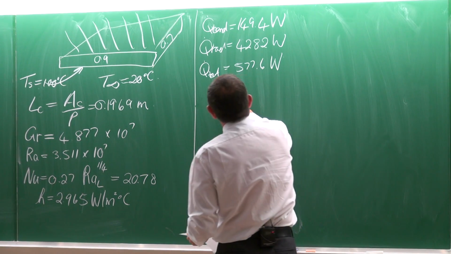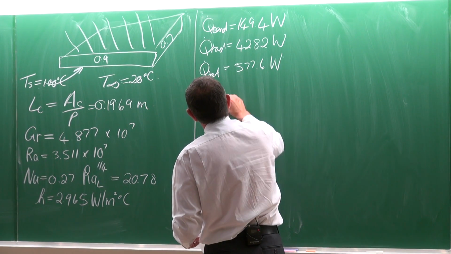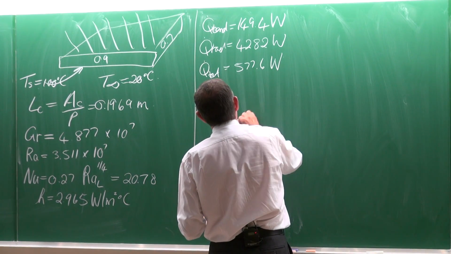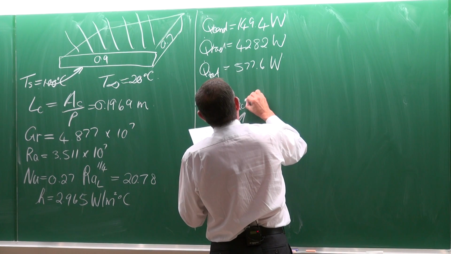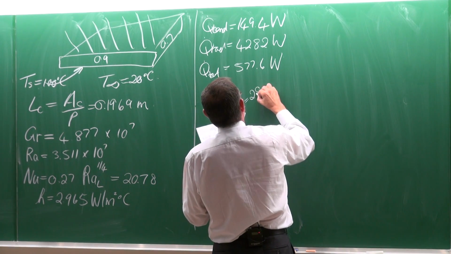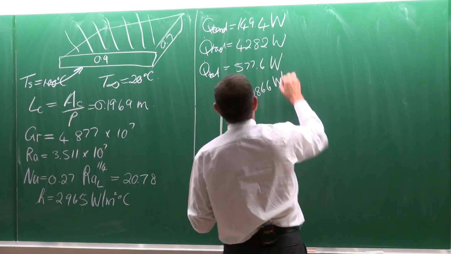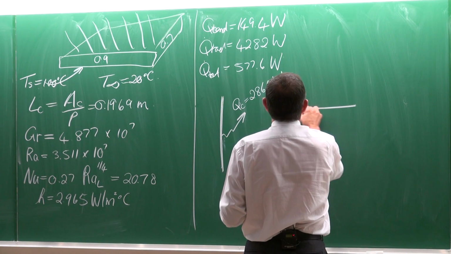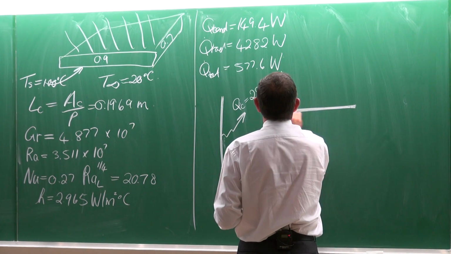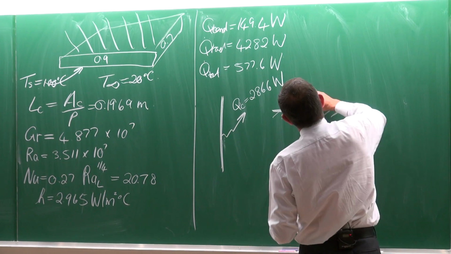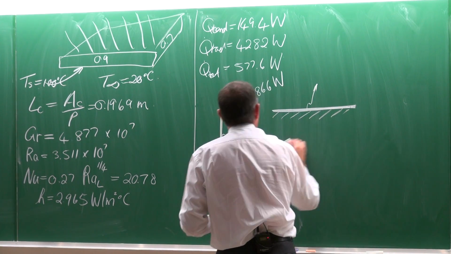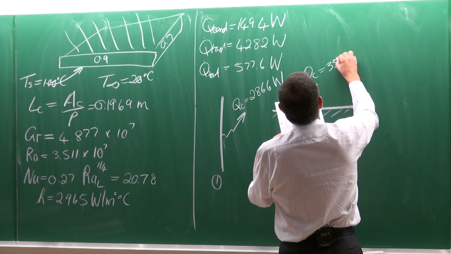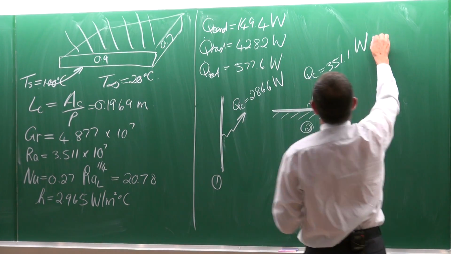So if we look at the three cases, and we only look at the convection heat transfer rate, then for the vertical plate, the convection was 286.6 watts. For the case where we had the plate like that, that is the heated surface there at the top, that was case 1, that was case 2, then the convection heat transfer rate was 351.1 watts.